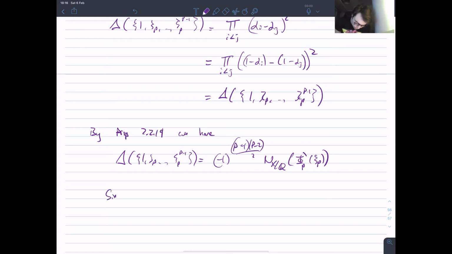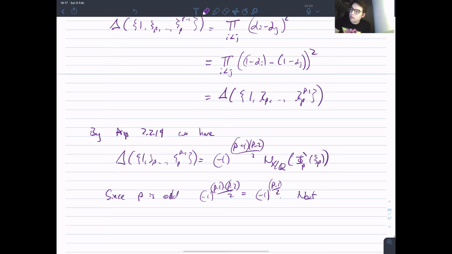Since the prime number p is odd, we can figure out this term. Since p is odd, (-1)^((p-1)(p-2)/2) is the same thing as (-1)^((p-1)/2). Great.